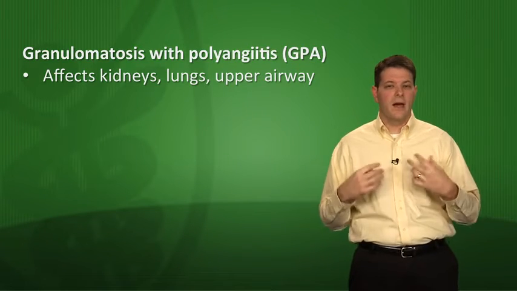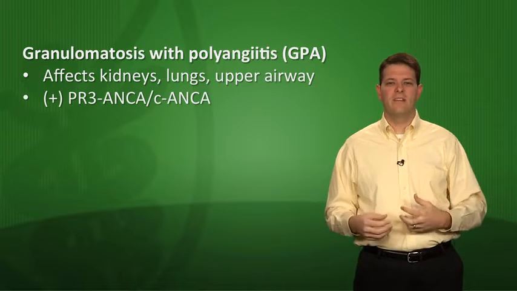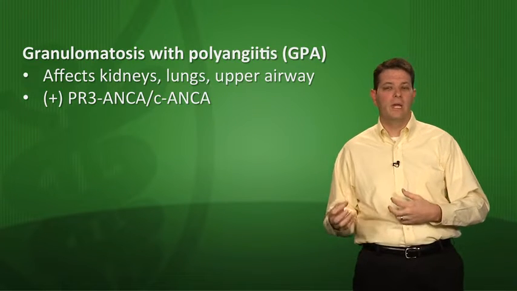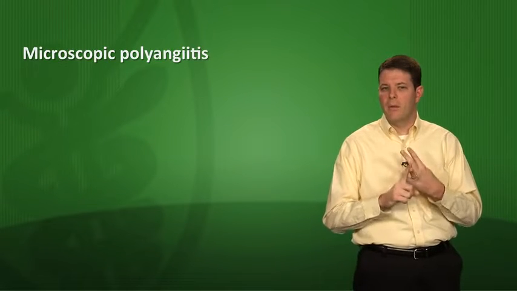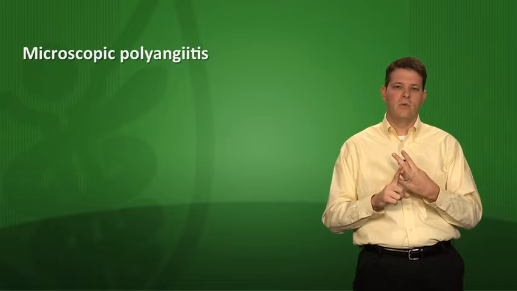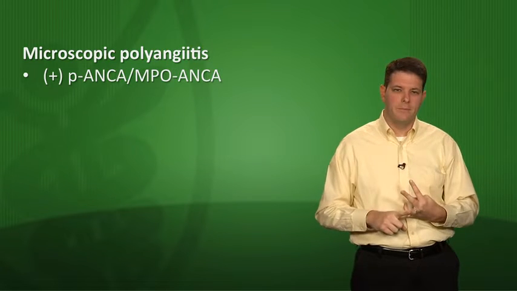And we said that one of the classic features of GPA is a positive C ANCA, or PR3 ANCA. That's a big clue for GPA. A third disease that causes RPGN is something called microscopic polyangiitis, which is associated with a P ANCA, or MPO ANCA. And then lupus, which can cause lots of different patterns of nephritis, can certainly cause RPGN and this crescentic glomerulonephritis.